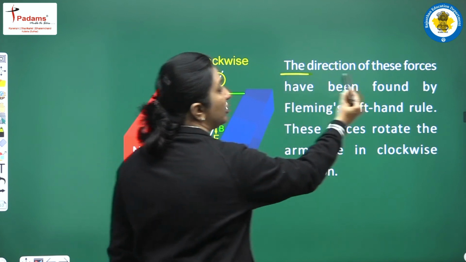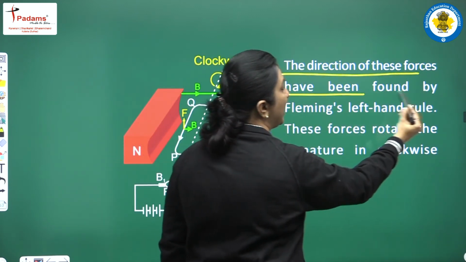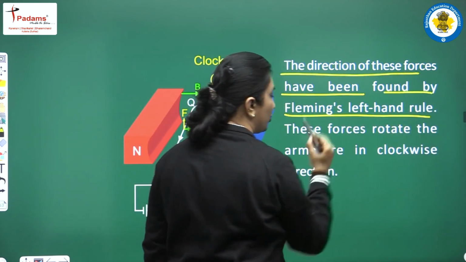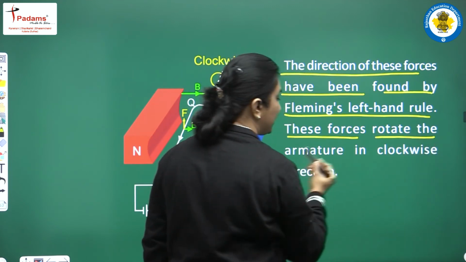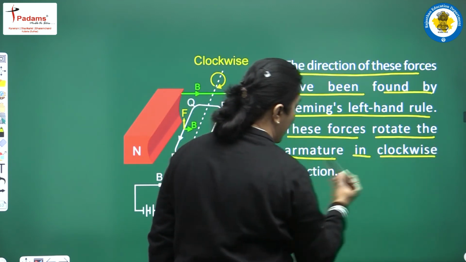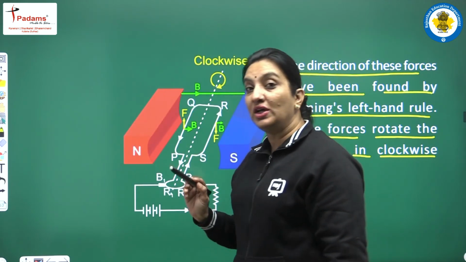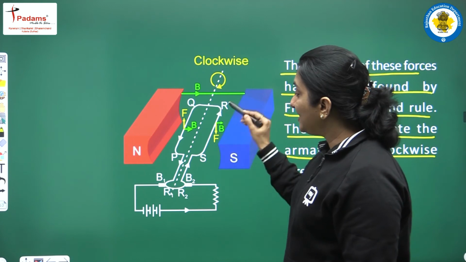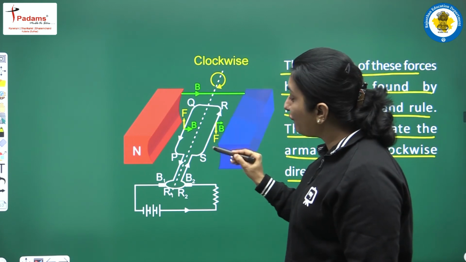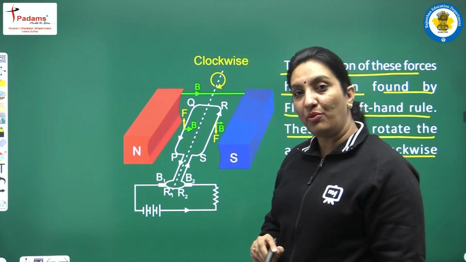The direction of these forces has been found by Fleming's left hand rule. These forces rotate the armature in clockwise direction. We have seen in the figure also that this arm has a downward force, this arm has an upward force.